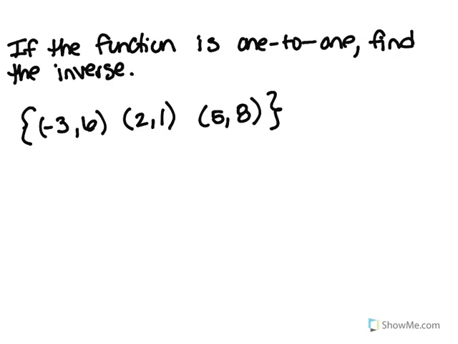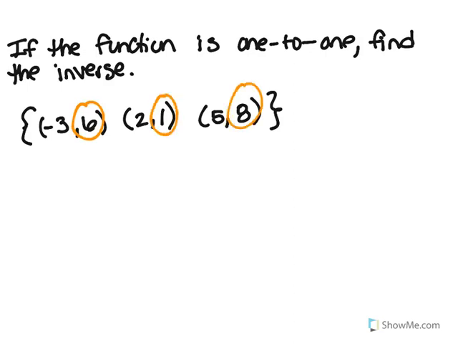Now, keep in mind, when we did functions, we couldn't let our x repeat. Okay? Now, this is going to be the reverse. You can't let y repeat if we're talking about 1 to 1. So, we're going to focus on the y numbers.